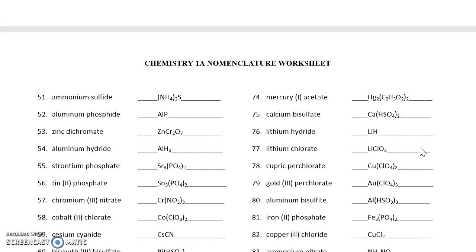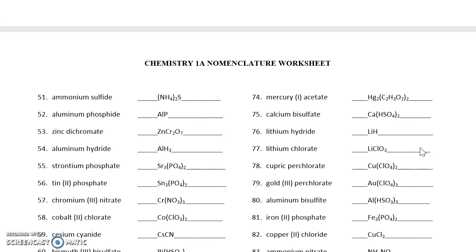Or I'm going to look at something where the metal has a choice of charge in any compound, then I would have to specify which choice was chosen. So I'd have to use Stock notation. Once you know what type of compound you have, you can follow the appropriate rule, rather than just trying to memorize names and not recognize that there are different families here.